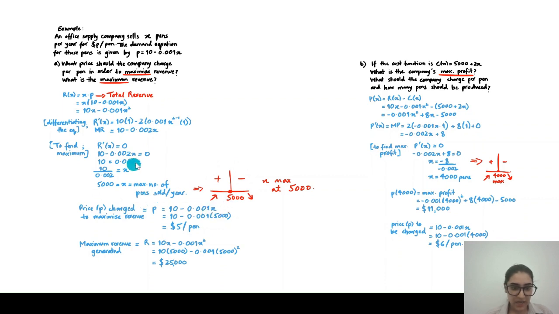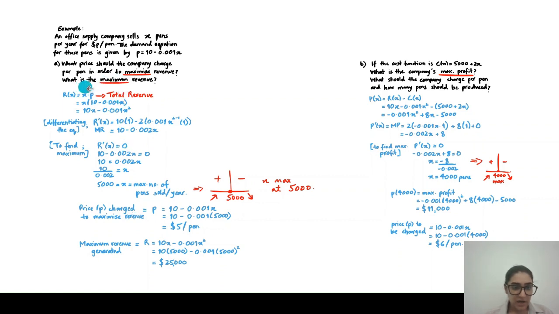If, for example, I put 0 in this derivative, 10 minus 0.02x, in place of x, I would get a positive answer. And if I put in a number greater than 5,000, let's say 10,000, I would get a negative answer, which proves that 5,000 is our maximum number of pens sold per year.